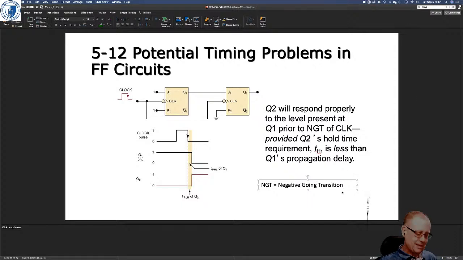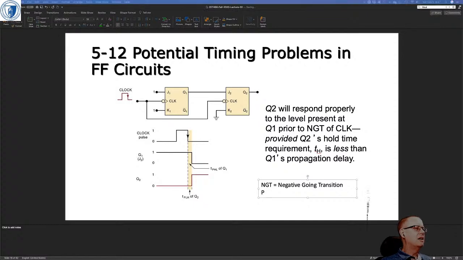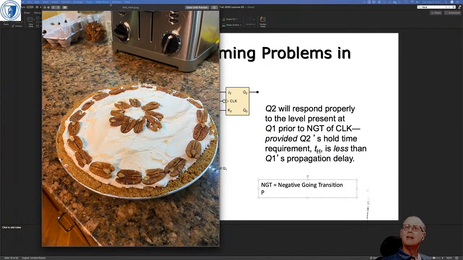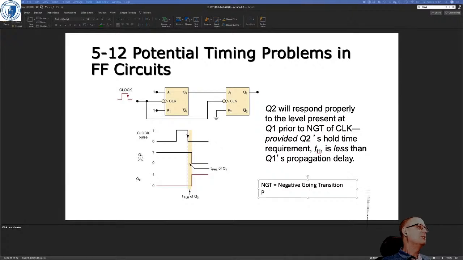Okay, and then the other obvious one, and my wife has just made a banoffee, so that's what that message is. So sorry about that.